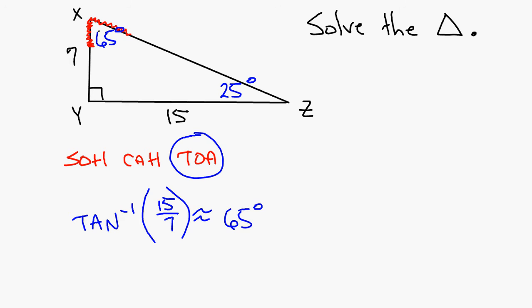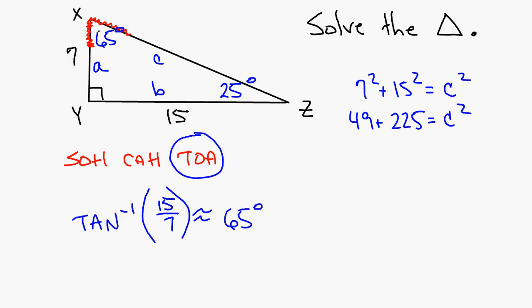Third step is to find this hypotenuse, or the third side of the triangle. So you label them A, B, and C. 7 squared plus 15 squared equals C squared. So 49 plus 225 equals C squared. What's 49 plus 225?